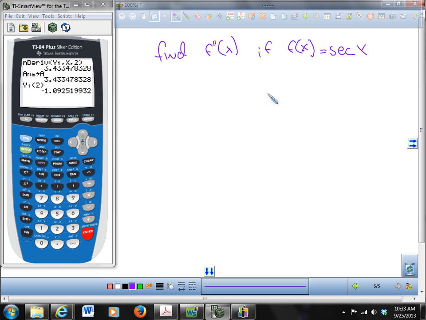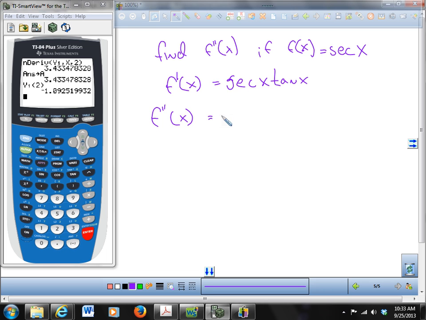Okay? So the first thing you have to do is find f prime of x. What's f prime of x? Secant x tangent x, and then you have to find f double prime of x. So now you have to use which rule? Product rule.